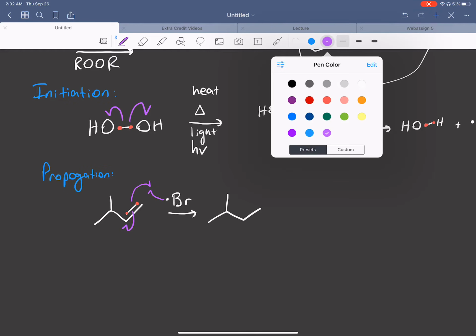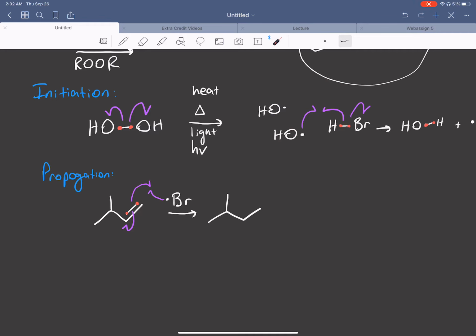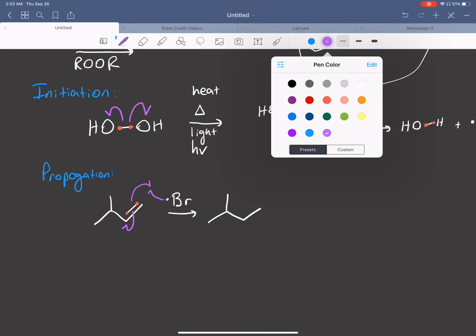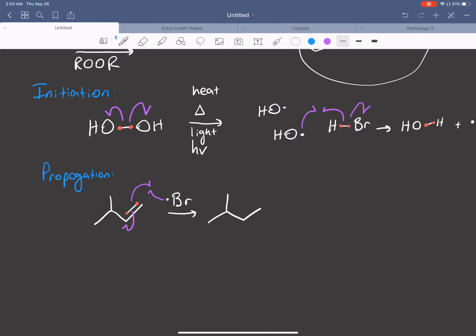So we form the bond, right, between the carbon here with its one electron and this Br. So we have this bond to that carbon. So we're going to form a Br here. And we have a radical right there. Okay, so we ended up with a radical on that secondary carbon.